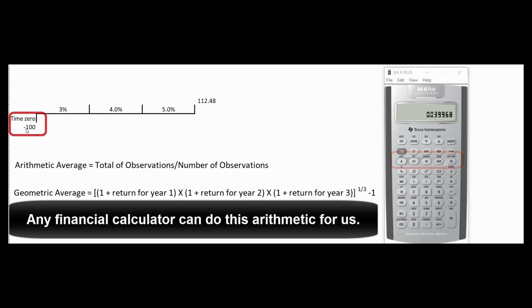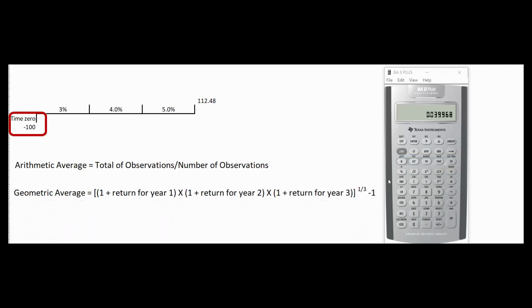And perhaps an even easier way to find the geometric average is to use our friend, the TVM row. If we invested $100 here, how much would it grow to be at the end of 3 years? Let's clear that window. So we're going to start with $100 times 1.03. That's how much it's worth after the first year. Take that number, multiply that times 1.04. That's what it's worth after the second year.